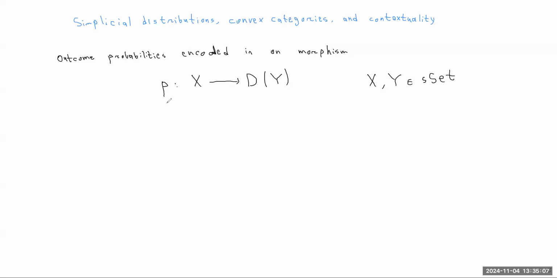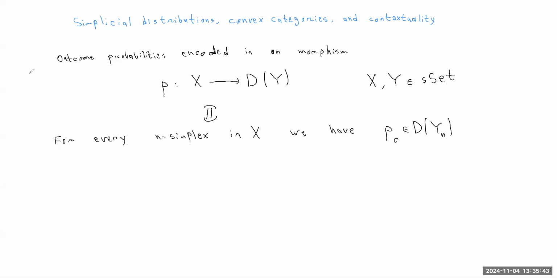So let me remind you what we have: for every n-simplex in X, we have a distribution. Let's call it P sigma, a distribution.